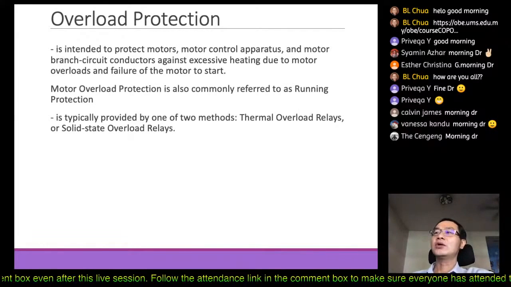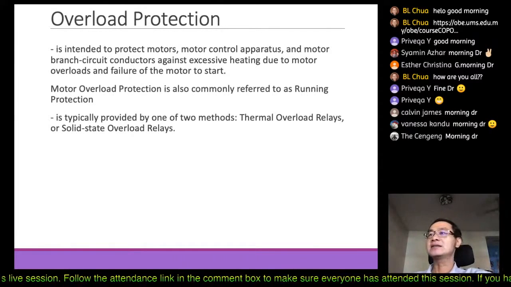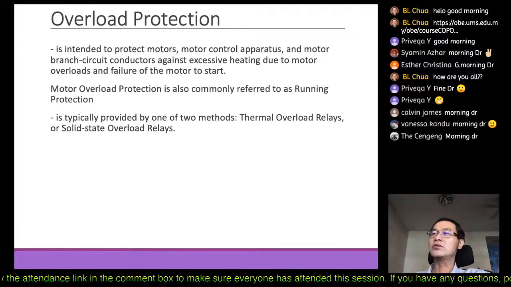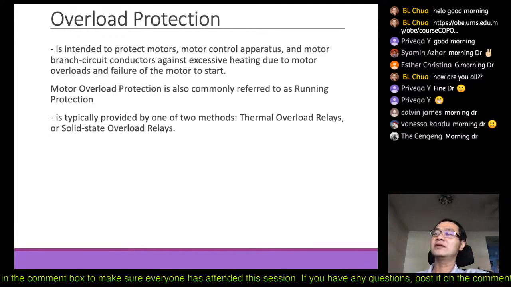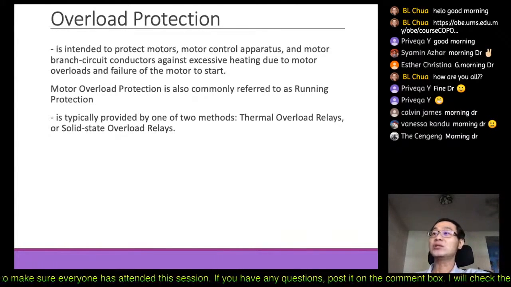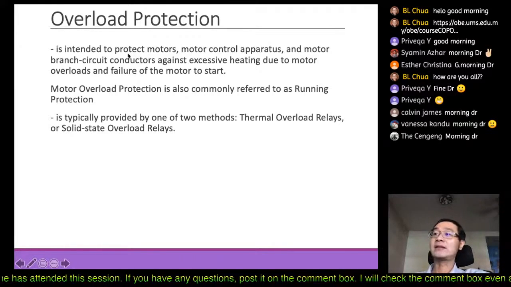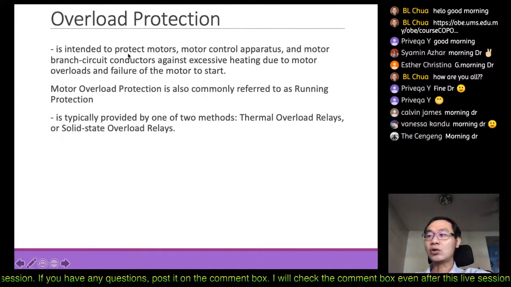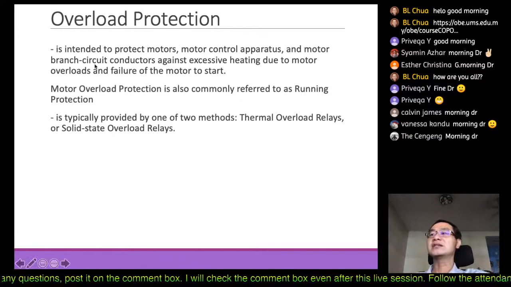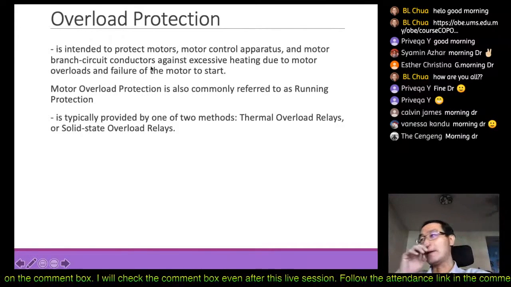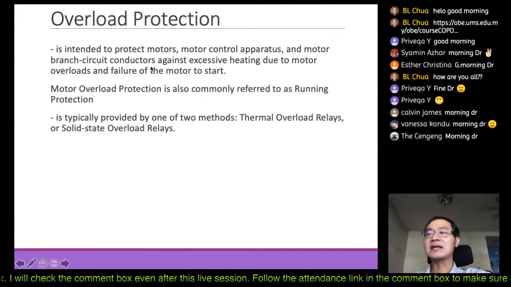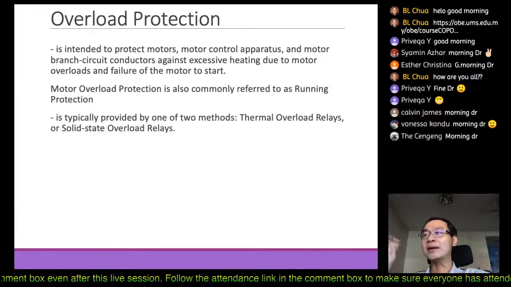Then also the motor itself has overload protections, mostly for the industry one. It tends to protect the motor control and the motor branch circuit conductor. They tend to protect against overheating.